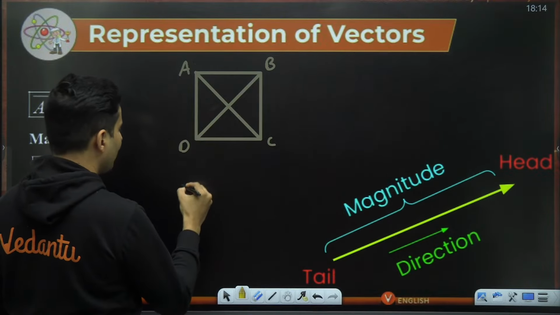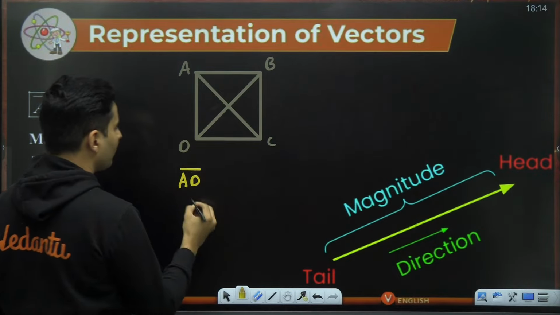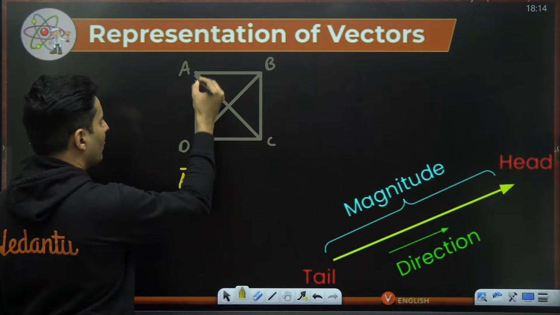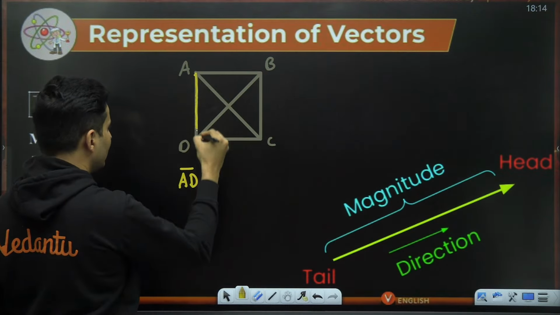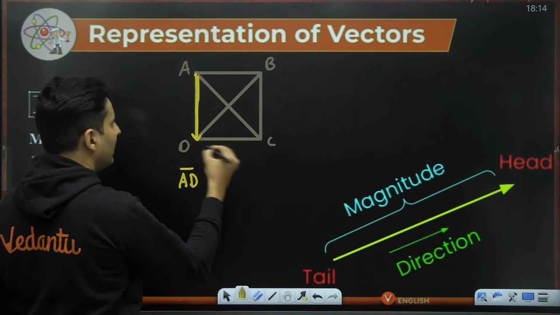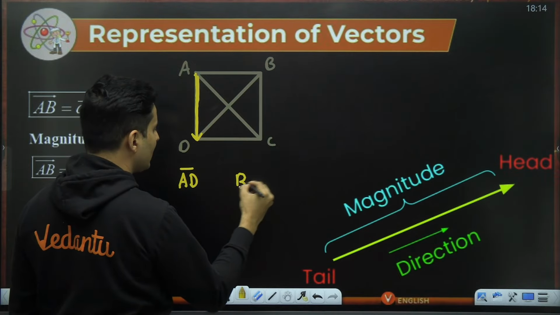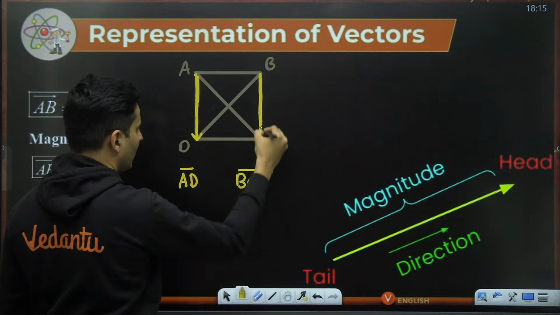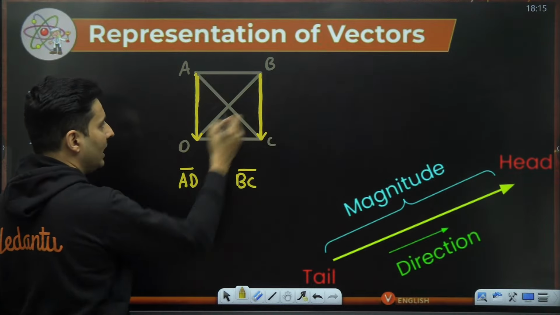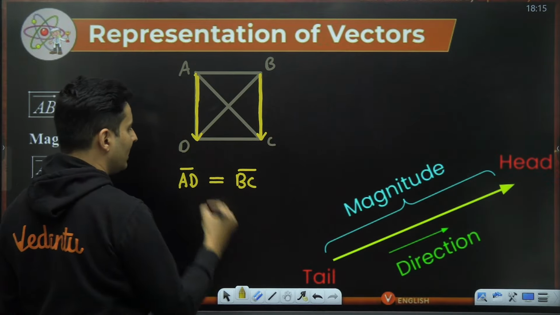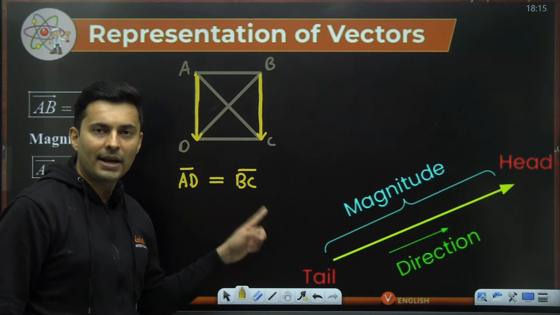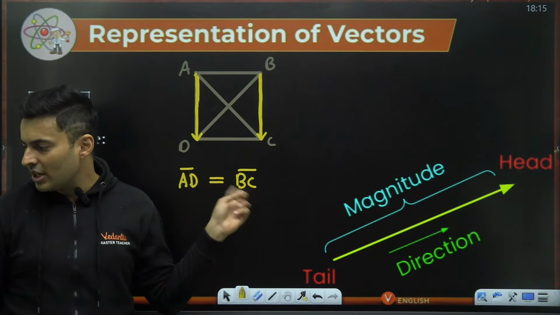For example, vector AD bar, from A to D. Then I can also make vector BC bar, B to C. Can you see both these vectors? Their magnitudes and directions are the same. So can you say that they are equal vectors, guys? Everybody with me? They are equal vectors.